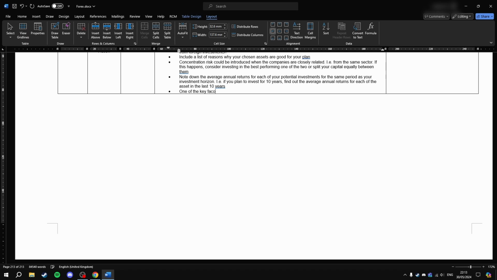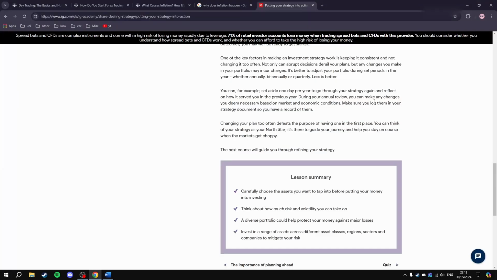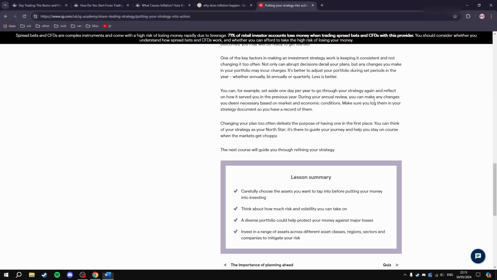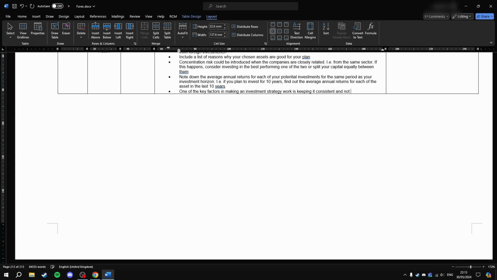One of the key factors in making an investment strategy work is keeping it consistent and not changing it too often.